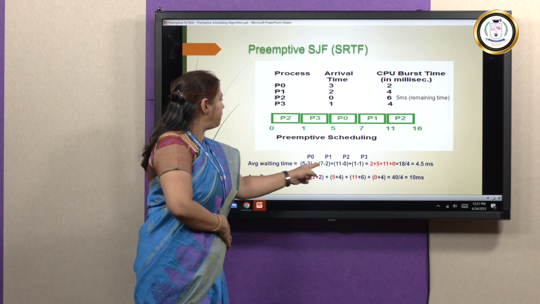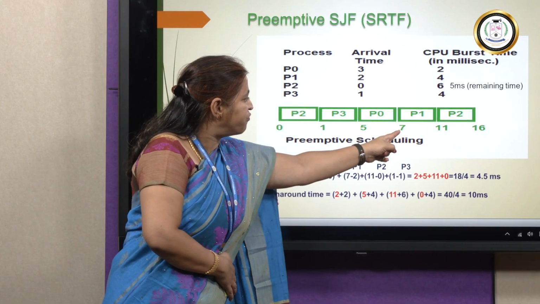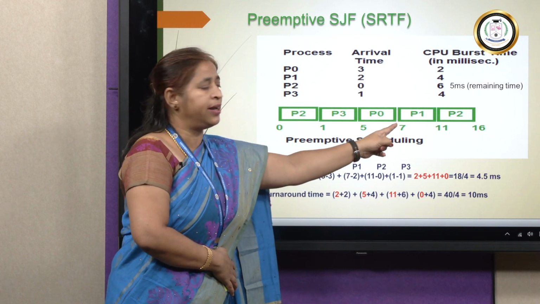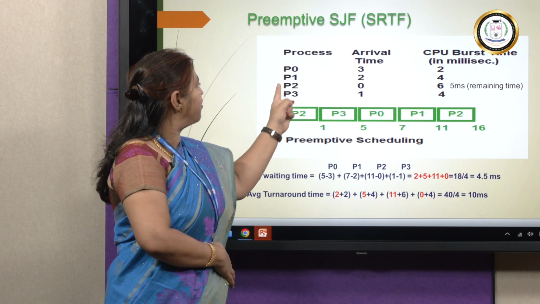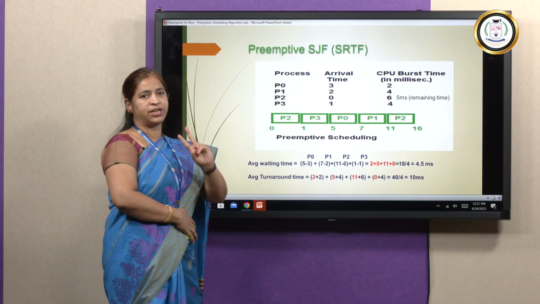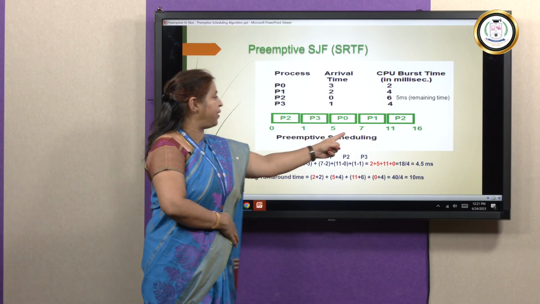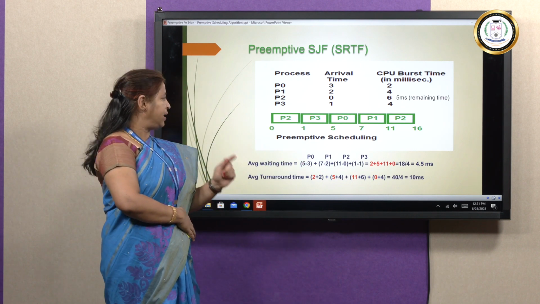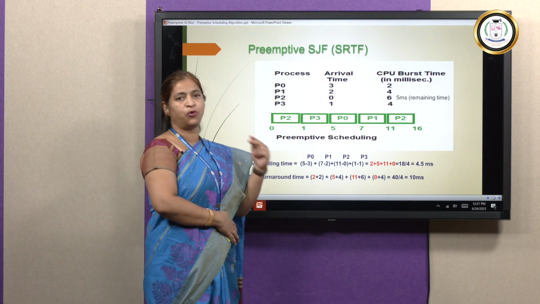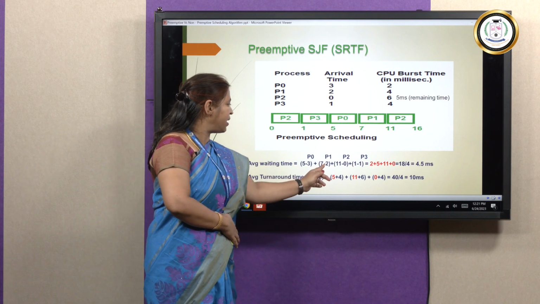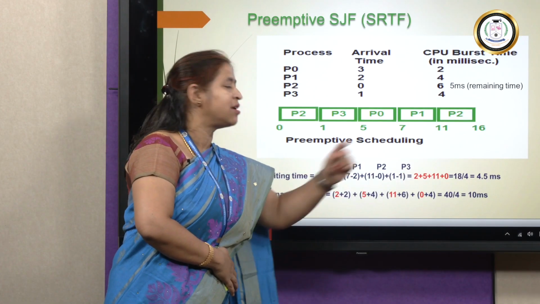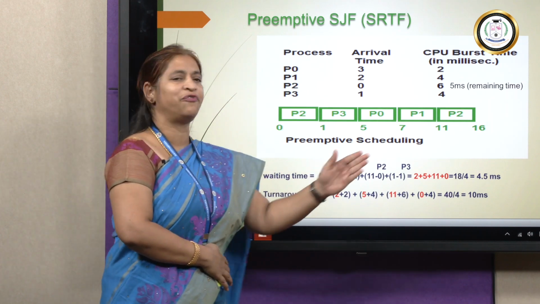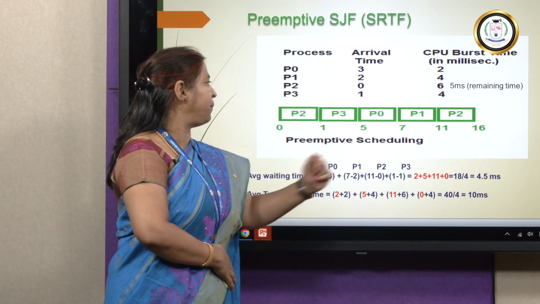Next, P1. According to the Gantt chart, it is 7 milliseconds. But at what time did P1 enter? After 2 milliseconds. So we subtract 2 from 7, which is 5. So P1's actual waiting time is 5 milliseconds. Accordingly, we calculate for P2 and P3.